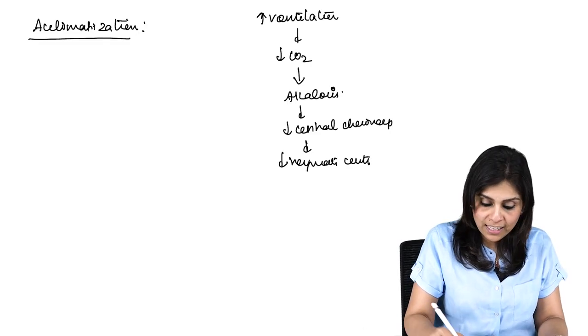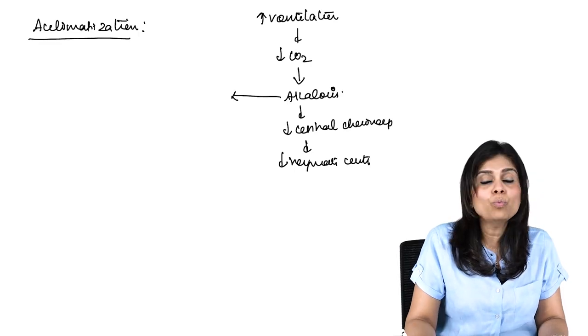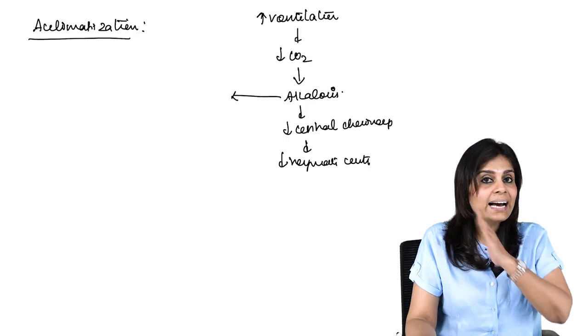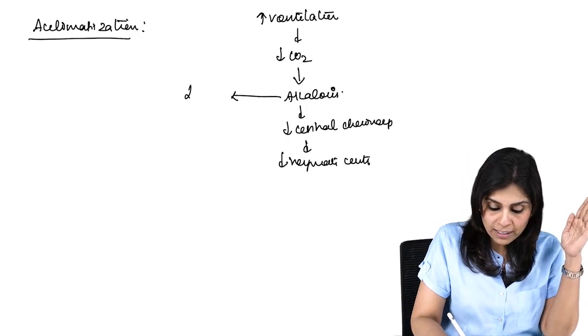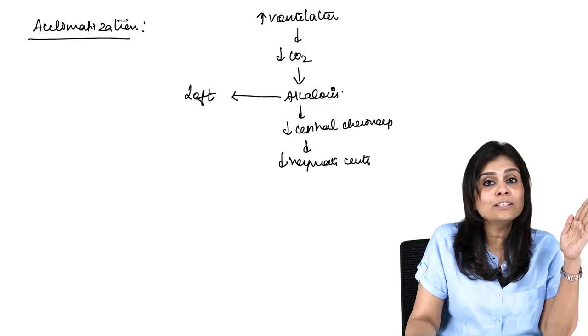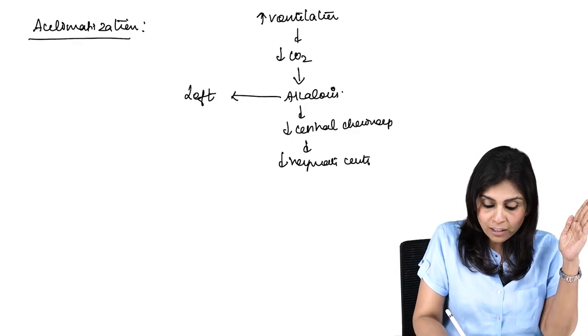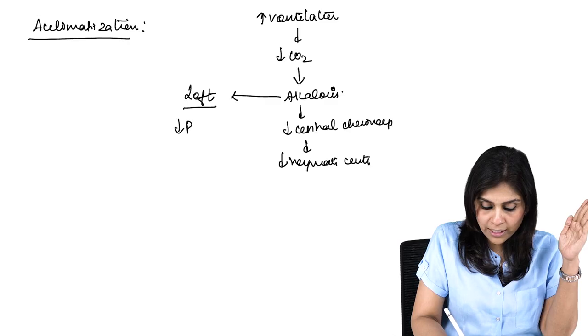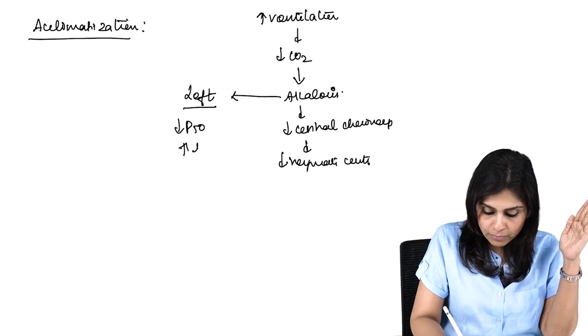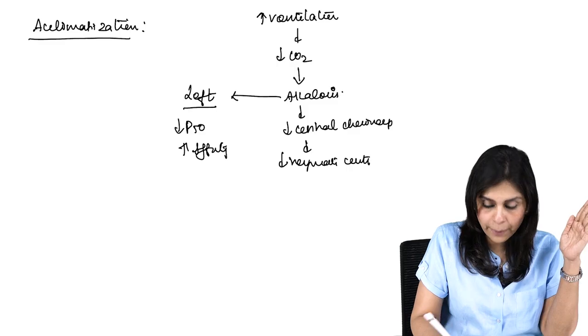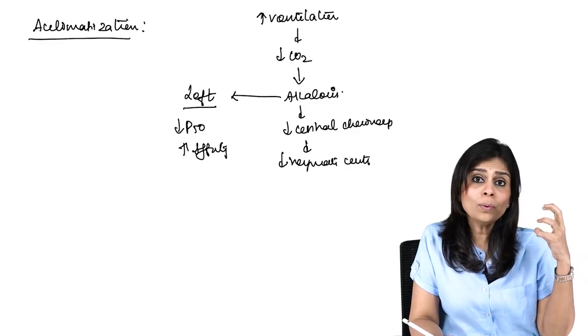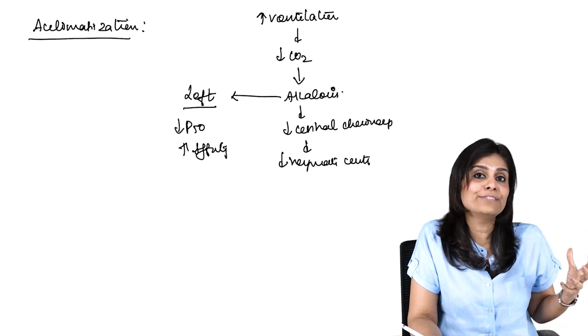Not just that, whenever there is alkalosis, what will happen to the curve? I said the oxyhemoglobin dissociation curve gets shifted to the left. When the curve gets shifted to the left, you know that the P50 is low and the affinity is high. What will happen when there is an increase in the affinity?